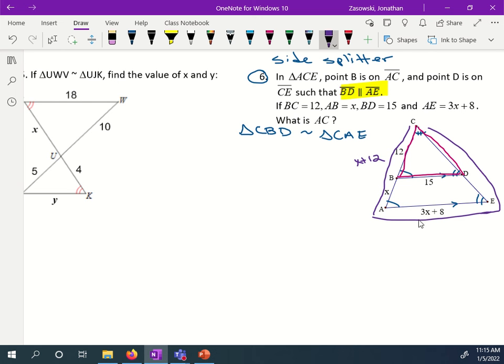And then the bottom is 15, and this is 3x plus 8. So I can create a proportion here. I can say that when I compare the smaller triangle to the bigger triangle, 12 over, what's the corresponding side? 12 plus x is going to equal, and what does the other fraction have to be?